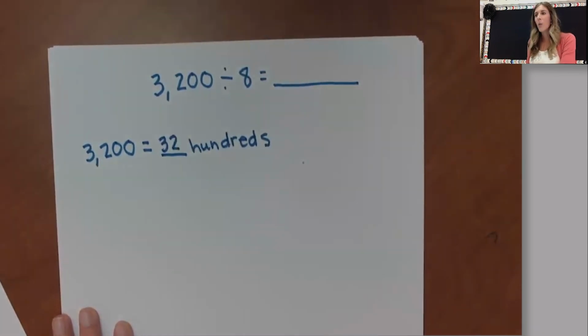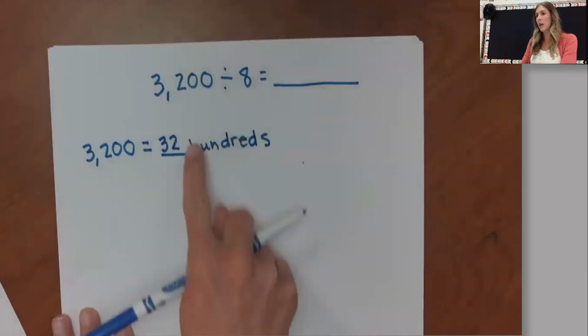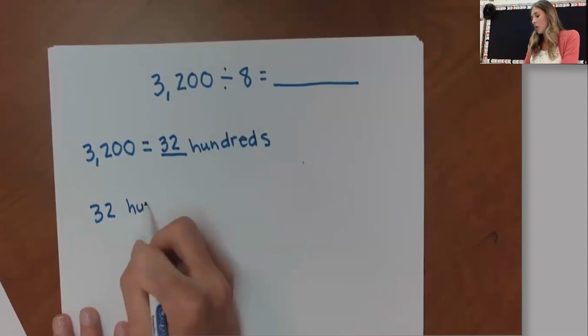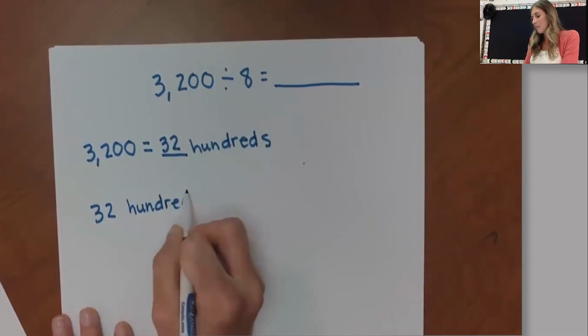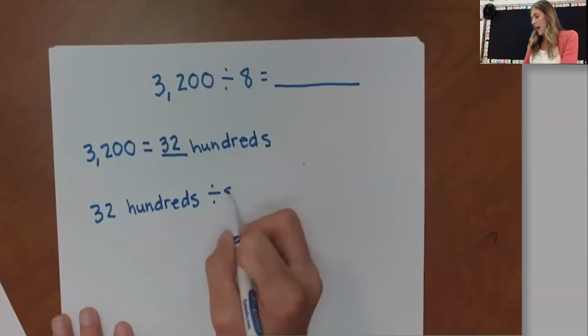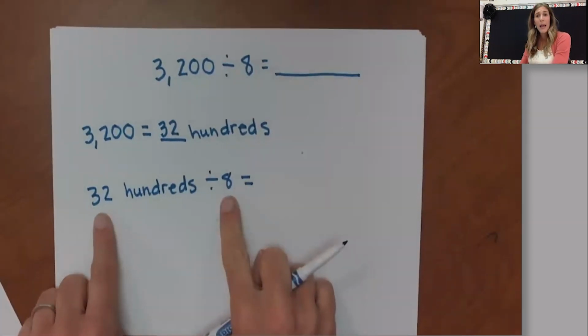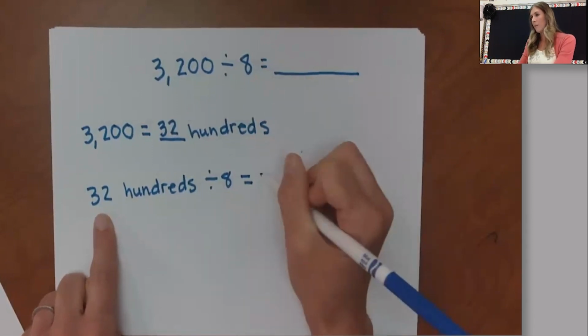So we can rewrite our division problem as 32 hundreds divided by 8. And there we see our basic fact, 32 divided by 8. We know that 32 divided by 8 is 4. Very good.